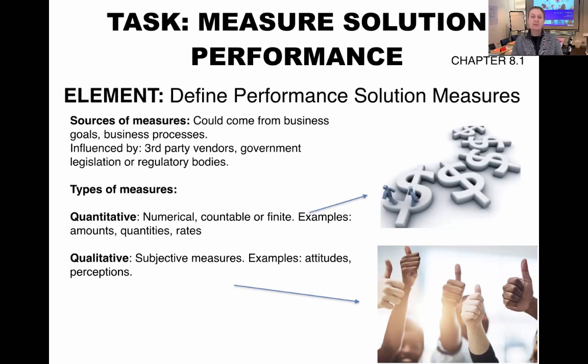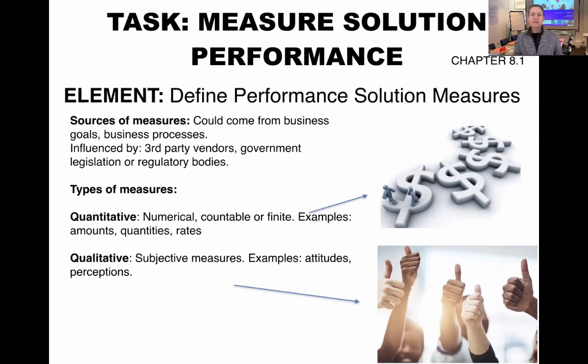These could come from the goals of the enterprise or the division. They could come from business processes where the solution is being used. And they could also be influenced by third-party vendors or government legislation that could actually tell us what a solution has to be able to do and at what level of performance.